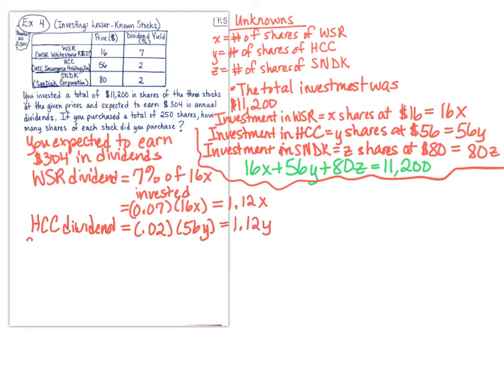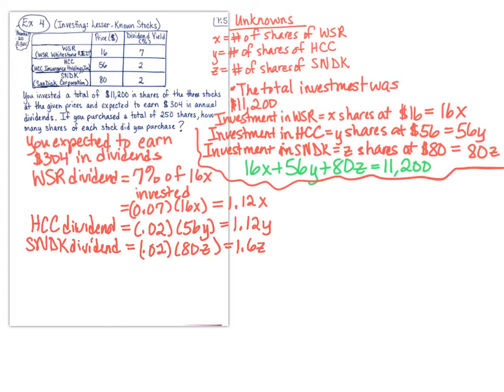And then your SNDK dividend, what's that? 0.02 times 80Z, which gives you 1.6Z.